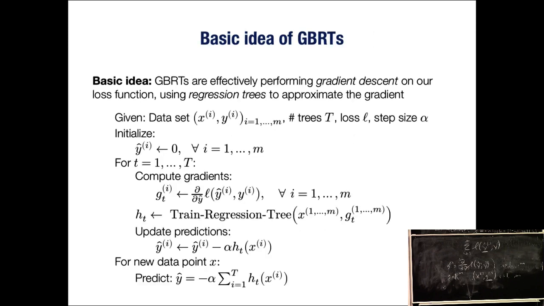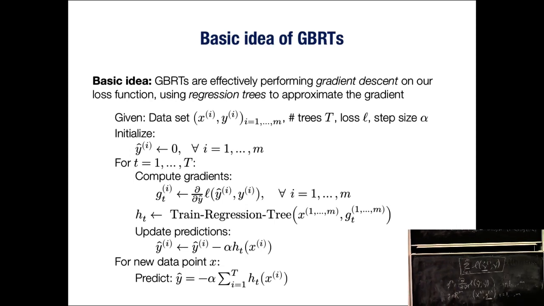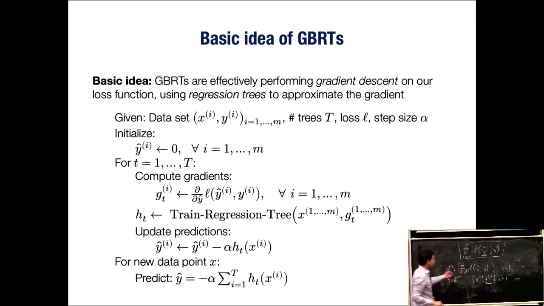The idea is we're going to perform something like gradient descent on this actual loss function. But we can't perform exact gradient descent because there's no real mapping between the x's and our predictions. So I'm going to approximate these gradients using a decision tree that predicts what the gradient should be from the input. It's a crazy idea, and this works amazingly well.